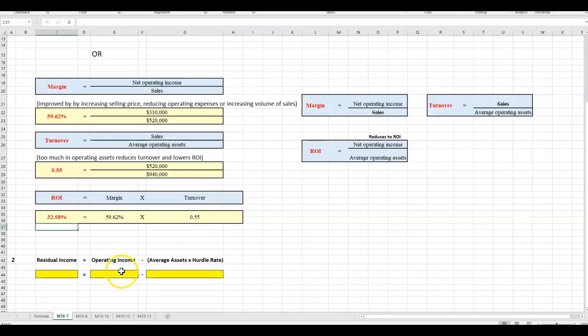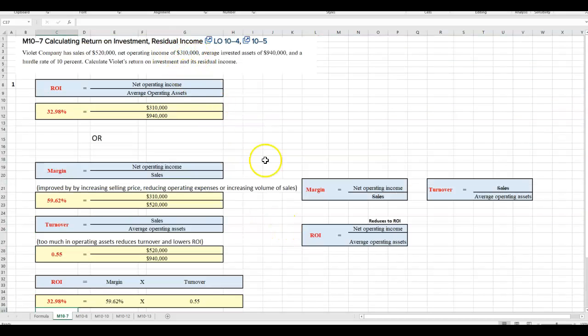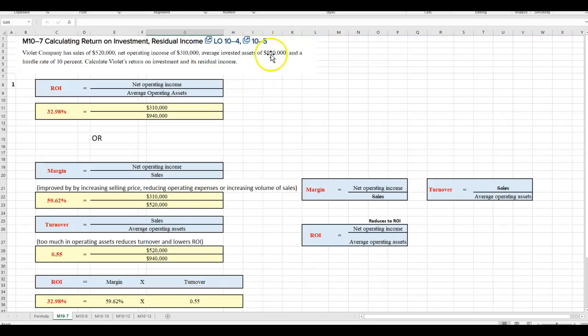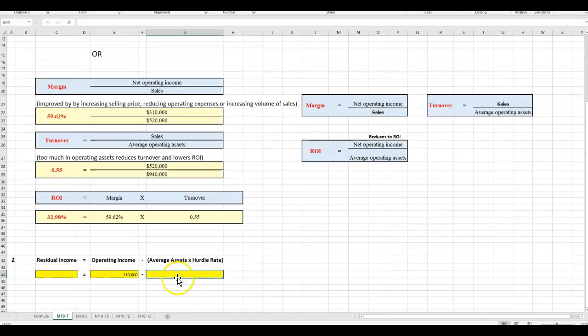So your operating income was $310,000. Your average assets times your hurdle rate: your average assets is 940,000, your hurdle rate is 10%.